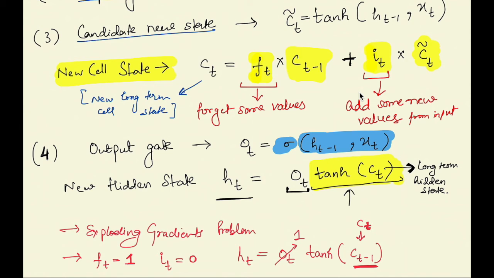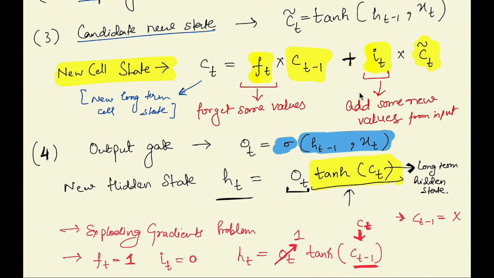And this mechanism allows us to not multiply our input by a new weight again, and it helps in solving the exploding gradient problem. For example, let's say ct-1 was some input x, and since ct is also x and ht is simply tanh of x, we are not multiplying x with any more weights in this step.